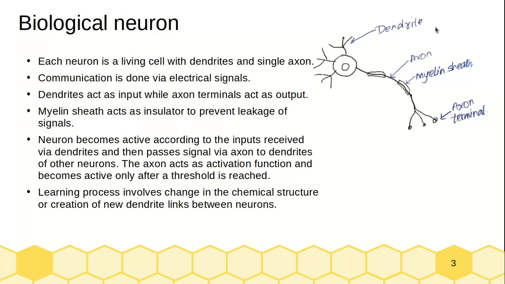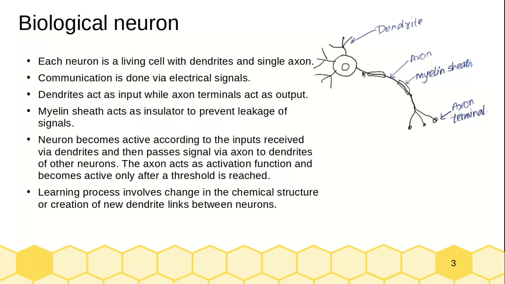Dendrites represent the input to the neuron, and axon terminals basically provide the output of the neuron, and the axon is a single link from the cell body. This circle is called the cell body, the bigger circle, and the inner circle is the nucleus of the neuron.